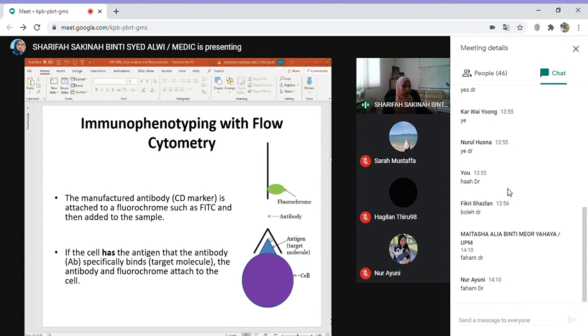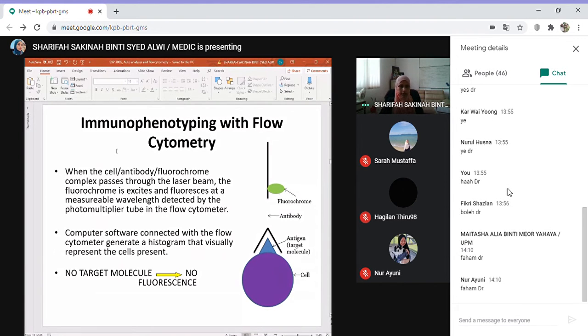So that is why when the cell passes through the laser beam, this laser beam will emit its signal and reach the fluorochrome. That is when you can have the readings. So when the cell, antibody and fluorochrome complex passes through the laser beam, the fluorochrome is excited and fluoresces at a measurable wavelength.